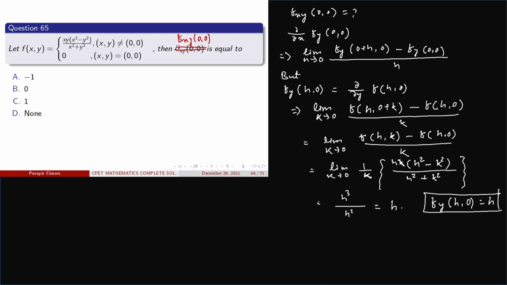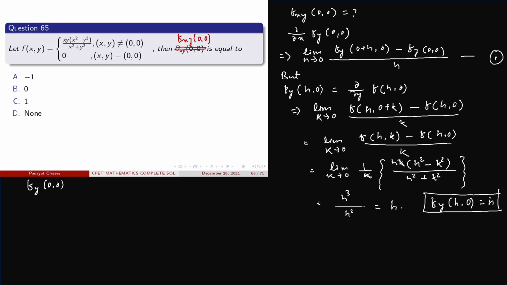Now we have to find what is the value of fy of 0 comma 0. Let it be equation 1. Here observe that fy of h comma 0 is found out to be h. Now our aim is to find the value of fy of 0 comma 0. So now we have to find fy of 0 comma 0.